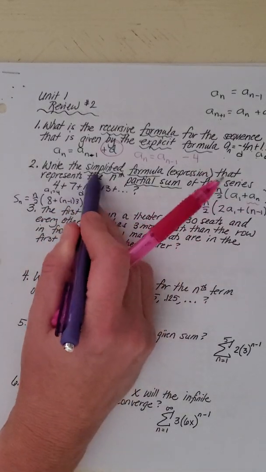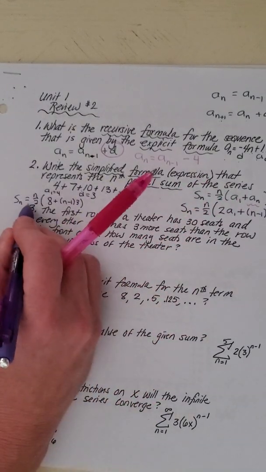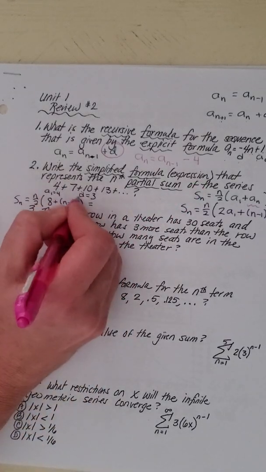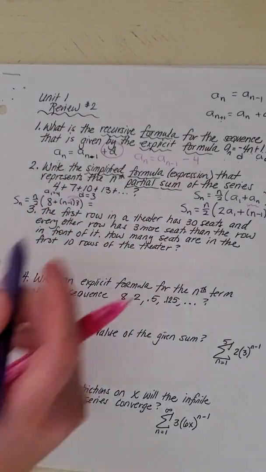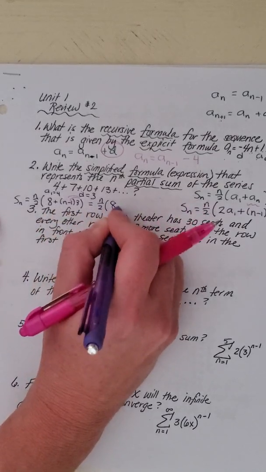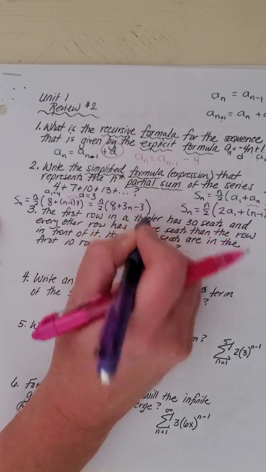Now, they want it in simplified form. To simplify this, I will need to distribute the 3 through and combine like terms. So I would have n over 2 times 8 plus 3n minus 3.